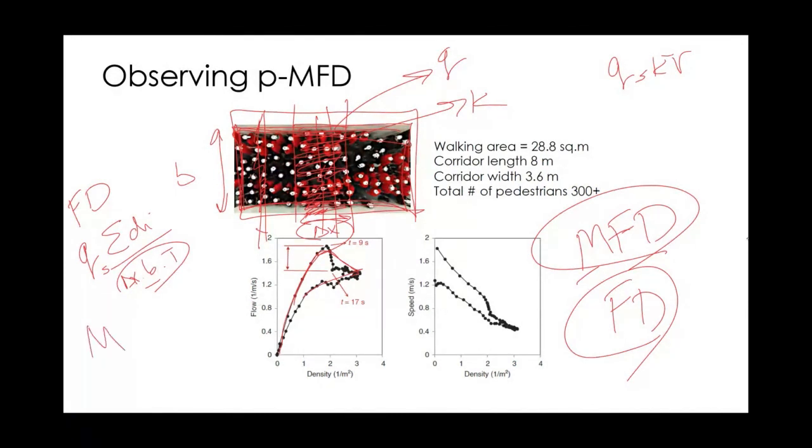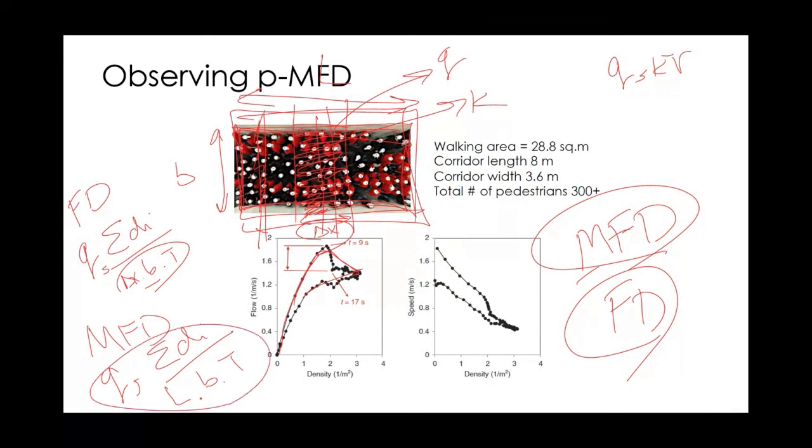If I want to calculate the MFD, the flow over the entire corridor, it would be the summation of the distance traveled for the entire corridor. Instead of delta x multiplied by b t, I should put the length of the corridor multiplied by the width of the corridor multiplied by t. This gives me the average flow measured over the whole corridor, while the other one is the average flow for this tiny little area that I'm doing the measurement.